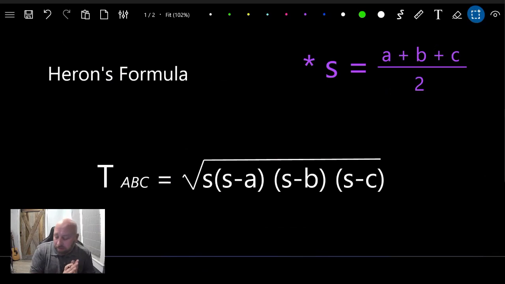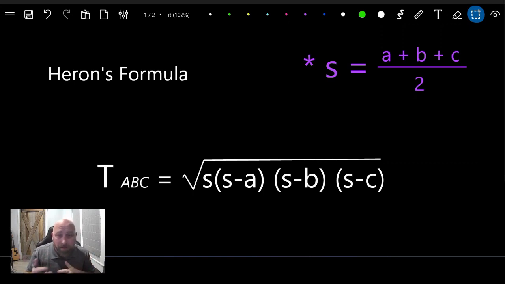All right, so in your book on page 250, in lesson 5.10, if you look at question number 9, it says, prove that if A, B, and C represent the sides of a triangle and 2S equals A plus B plus C, then the area, and then it gives Herron's formula.